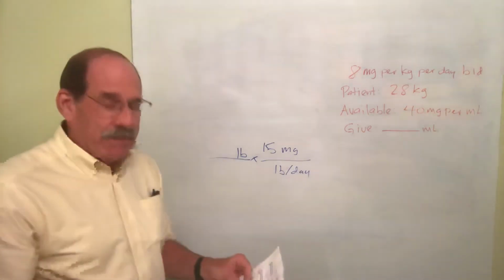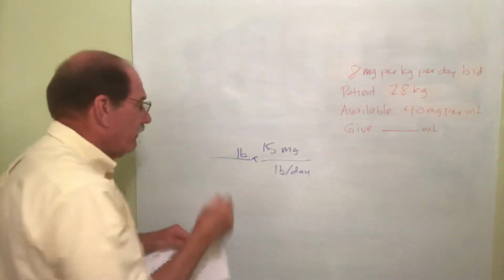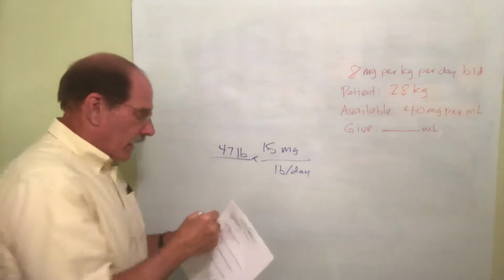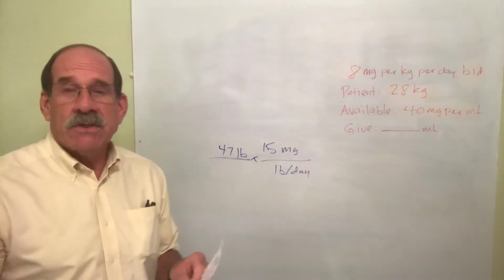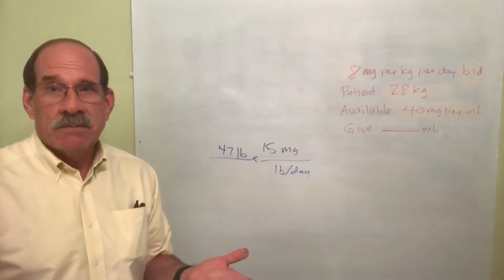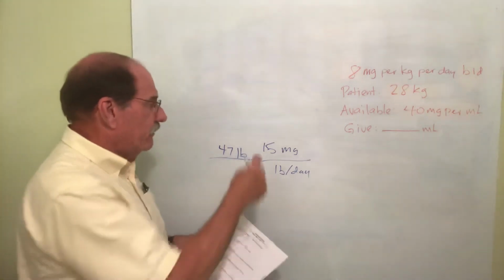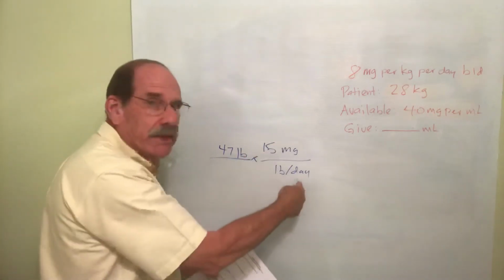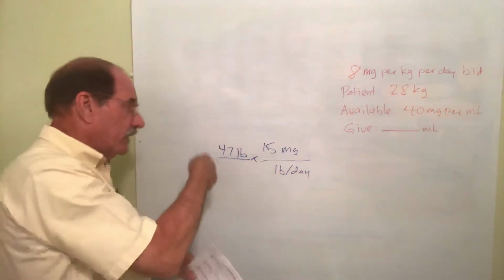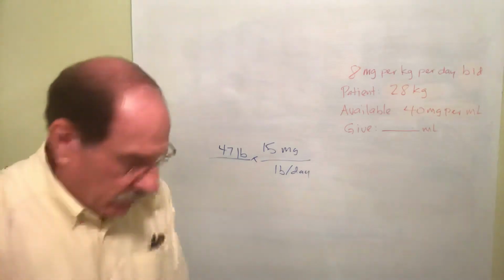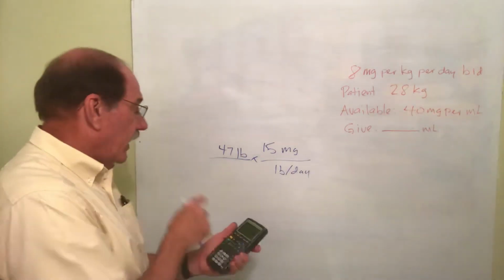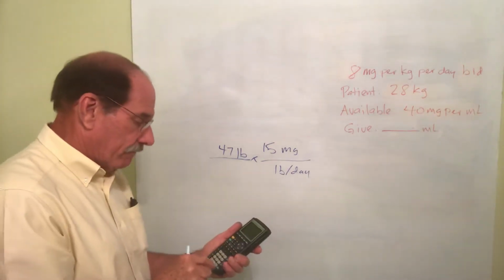Well, I need to know how many pounds. Well, I'm told the pounds, 47. I don't have to convert that in any way because it's already told to me in pounds. You see the difference there. So the order, once again, is 15 milligrams per pound per day, multiplied by the weight of 47 pounds. So we take 47 times 15.